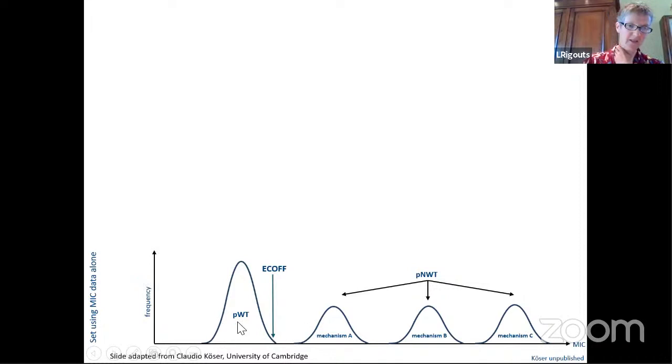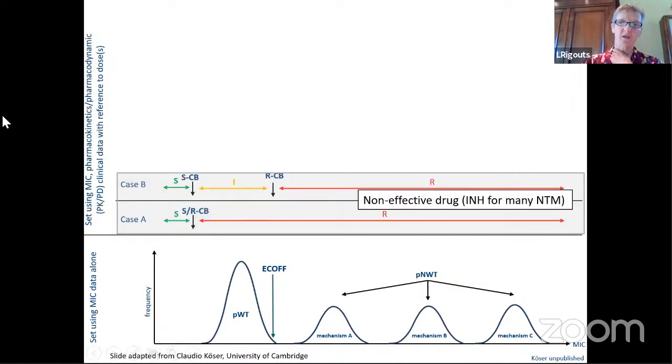And I'm using here a slide from Claudio Köser, which nicely explains the concept of susceptible and resistant based on this distribution. So in case A and B here, you have the susceptible strains. They are below the ECOFF, which is the wild type population of your organism. And this is the case, for instance, for isoniazid in non-tuberculous mycobacteria.